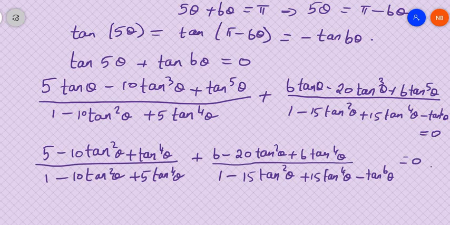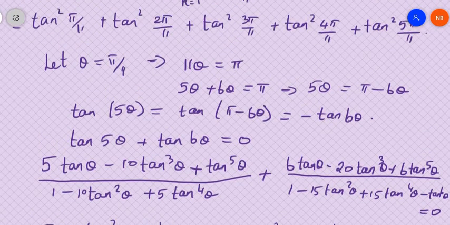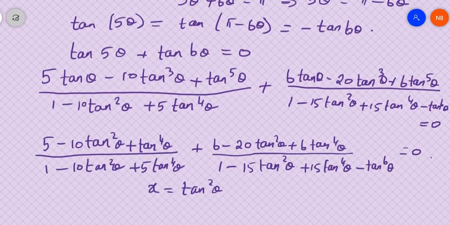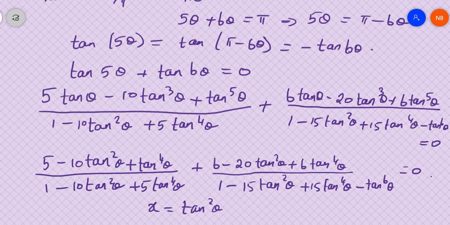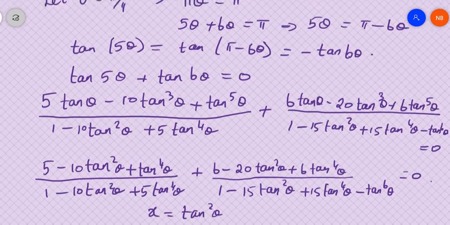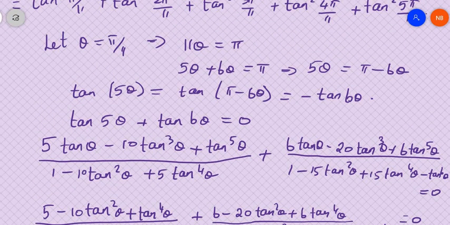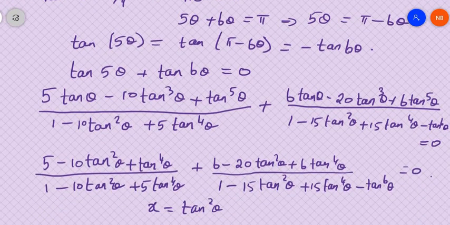Here I am going to substitute x is equal to tan square theta. Now I will be getting a polynomial here. Now let us see what could be the roots. It gives here that 11 theta is equal to pi, and tan of pi is 0.